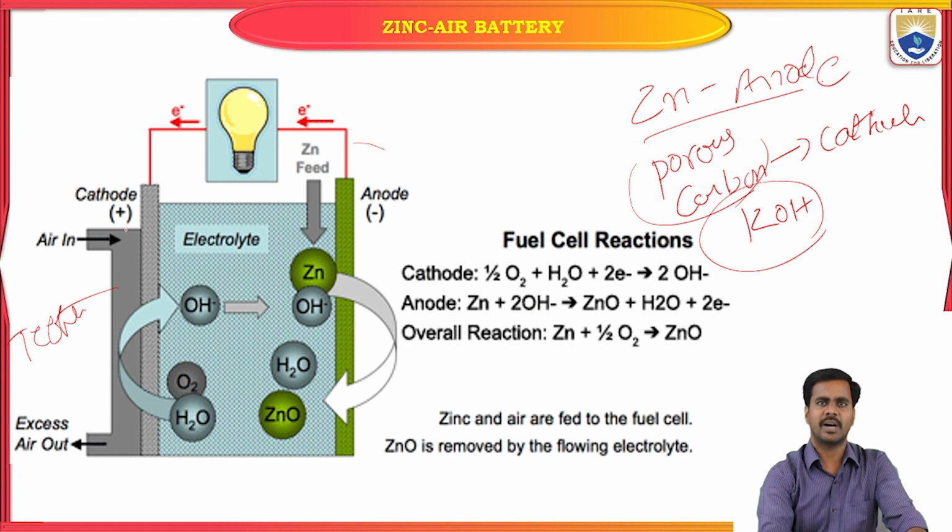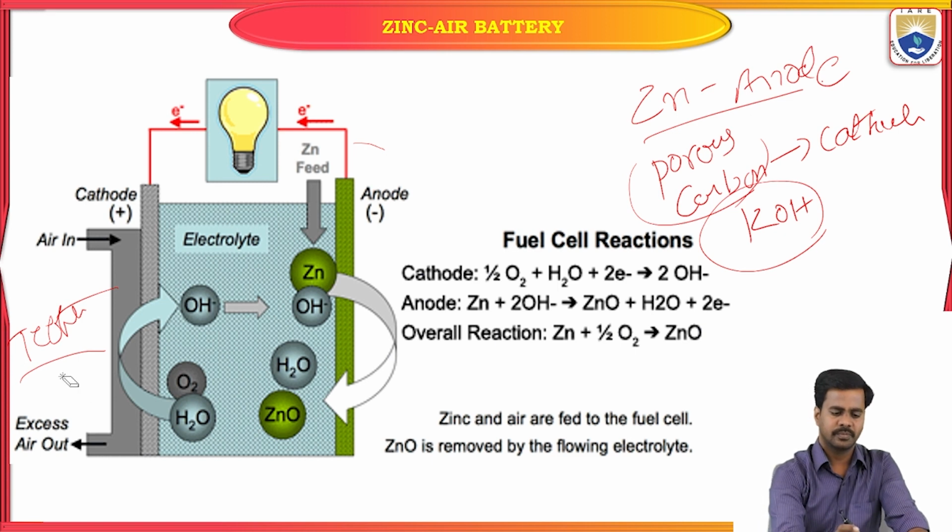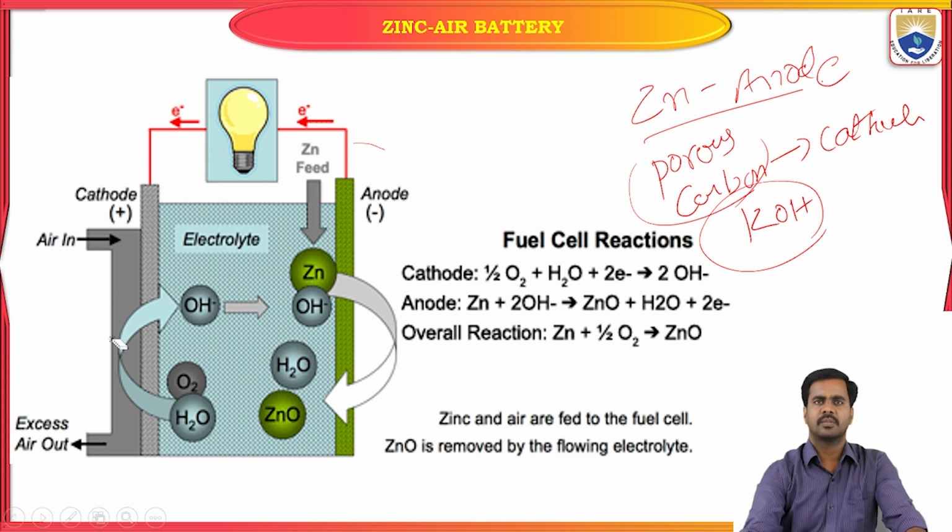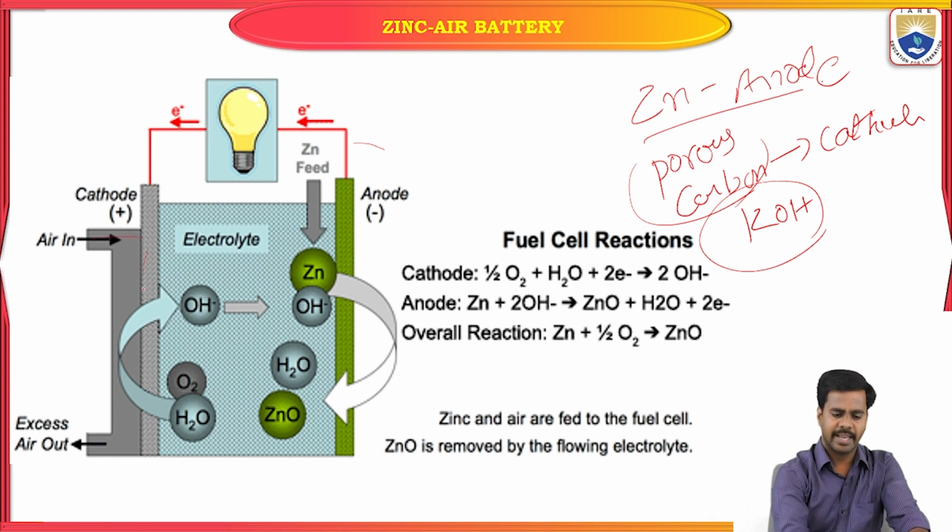It inhibits the passage of moisture along with oxygen from the environment to the inside of the battery. So it is an inlet for air and an outlet for excess air. Only some amount of air is passed through the porous carbon, which acts as the cathode, into the cell.